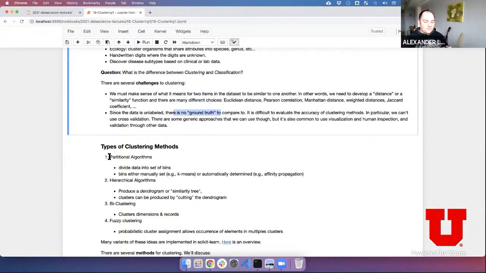And then orthogonal to these two different types of algorithms, there are also bi-clustering and fuzzy clustering methods. Bi-clustering clusters both dimensions and records at the same time. Sometimes that's something that you want. Mostly, what we'll be doing is we have a table, right? Like our iris data set, we have columns, and then we have species, the individual items, and we will cluster these items into groups.